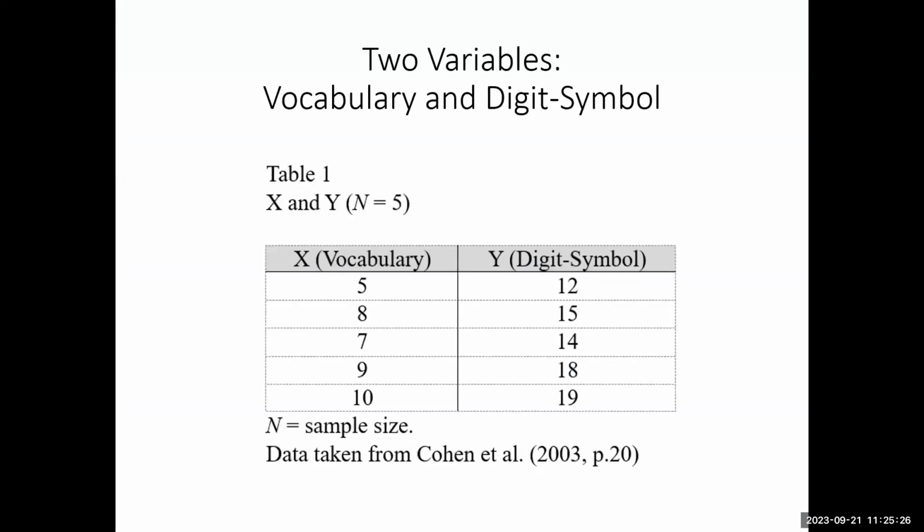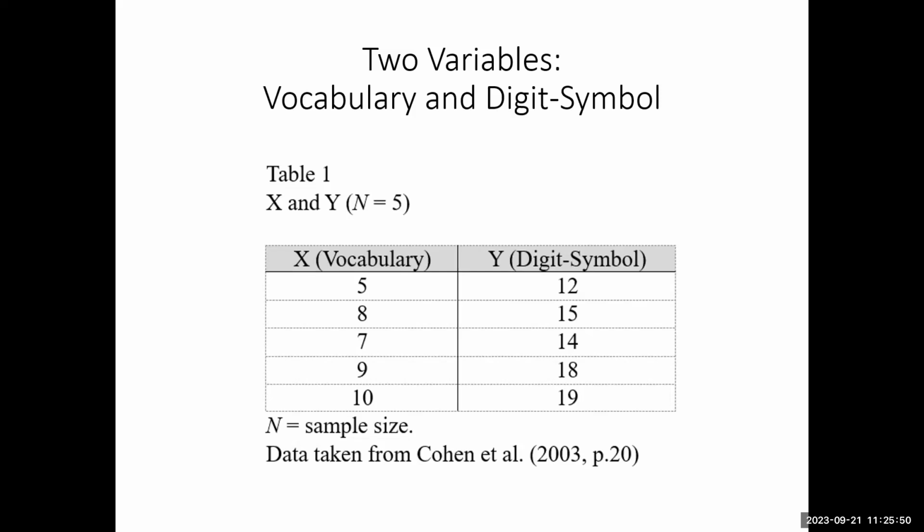Okay, so first we're going to start with our sample data file. This data file is from a stats text, Cohen, Weston, Aiken, and in the stats text, there are 15 observations on the data file. Here, I simplified it to 5 observations on each of 2 variables, X or vocab, Y or digit symbol.